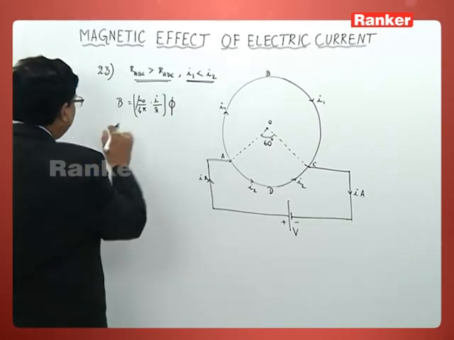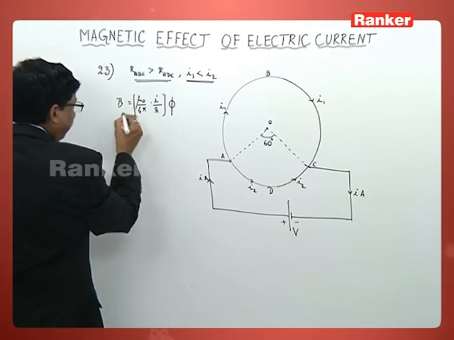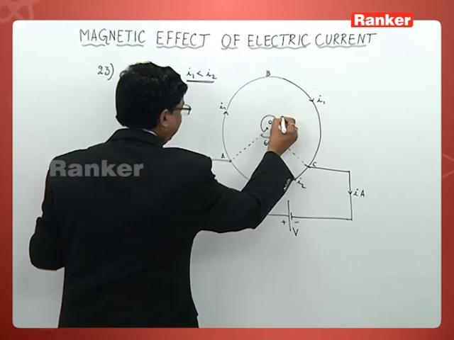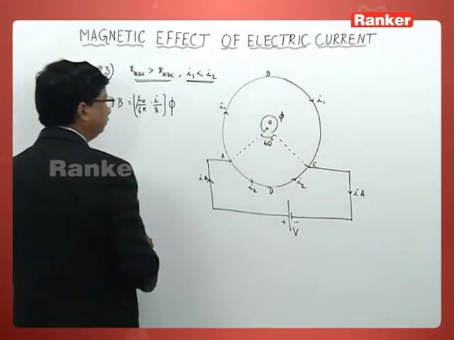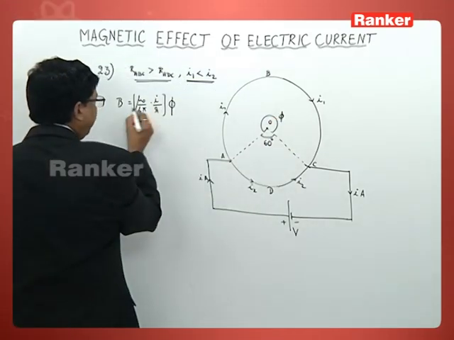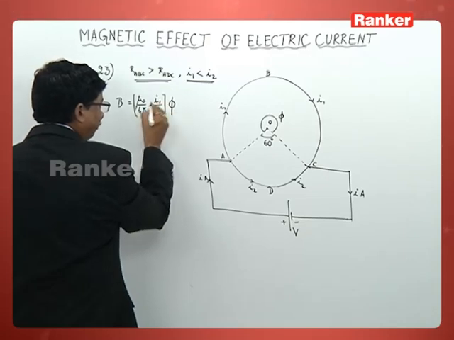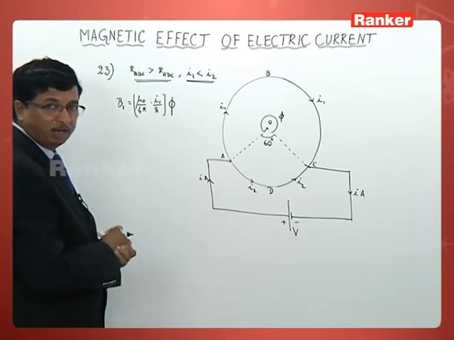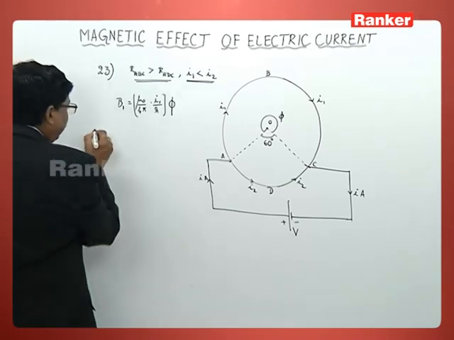Now I can write the same this way. If I write, what is this phi? This angle I take as phi. What is this amount of current that is passing? You all know, I1. This I consider as B1. So how to rewrite this one, you see now.